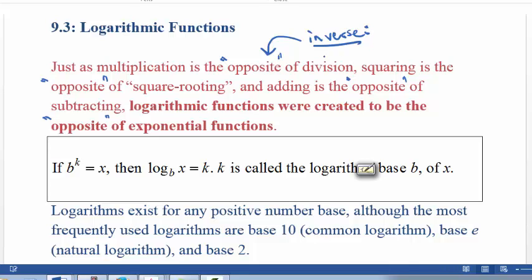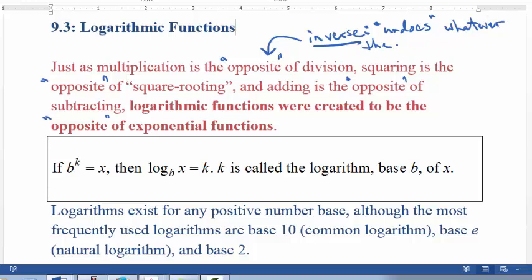So what an inverse really does is it undoes whatever the initial operation does, right?